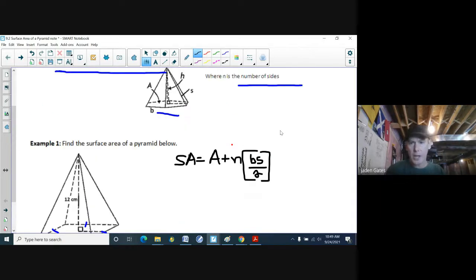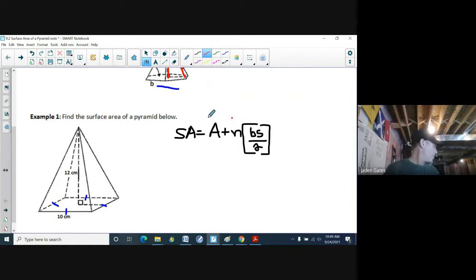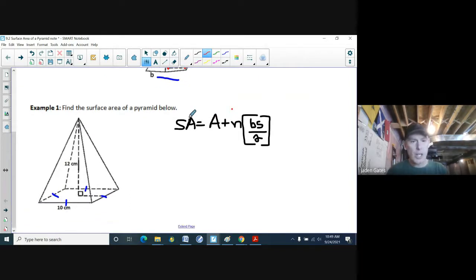Now, what was S? That was one we didn't have there. S is the slant height. Your height H is straight up, while S is your slant height, so it's on an angle.